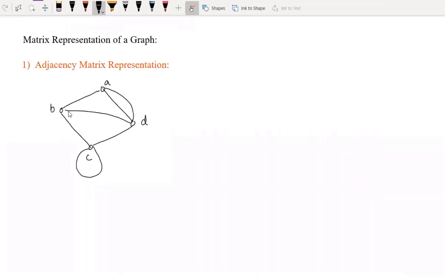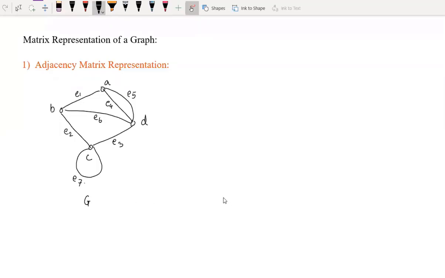Suppose I give names to these edges: edge E1, edge E2, edge E3, edge E4, then E5, edge E6 and edge E7. Okay, so this is the graph, we can say G.